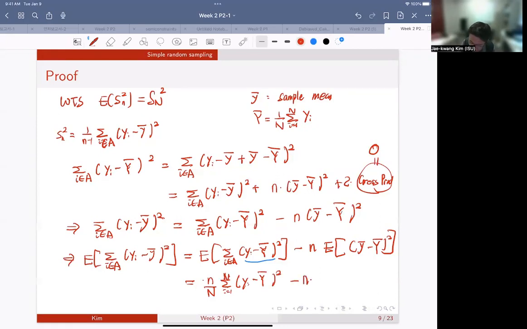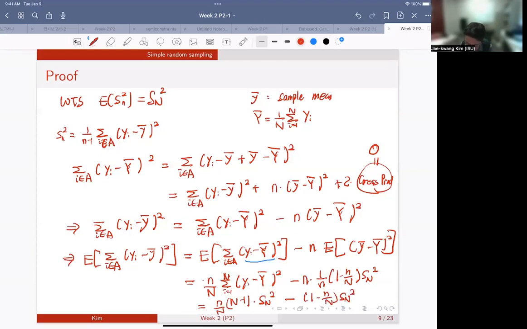Okay, and then this guy is what? This guy is 1 over n, 1 minus n over capital N, times S squared. So that means you have some expression, something like this. N squared minus 1 minus n minus n S1 squared.